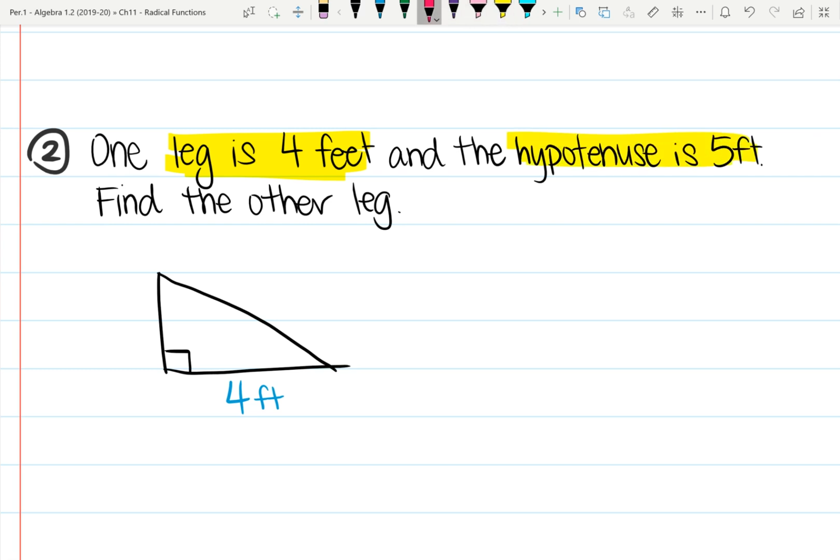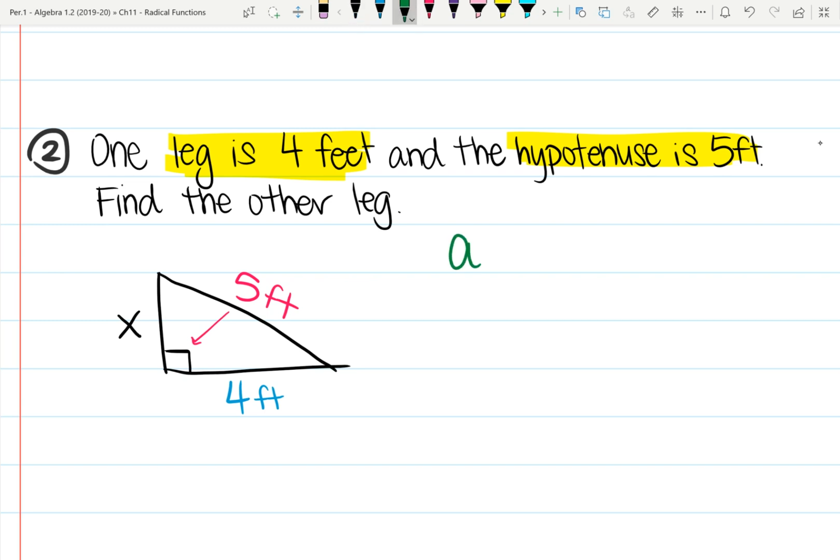So remember, the hypotenuse is opposite of the right angle. So, right, this is opposite of the right angle. So this hypotenuse is 5 feet. Find the other leg. So that must mean we don't know what this side is, this other leg. So I'll put an X here since we don't know what it is. And there we go. We're ready to start my Pythagorean theorem.